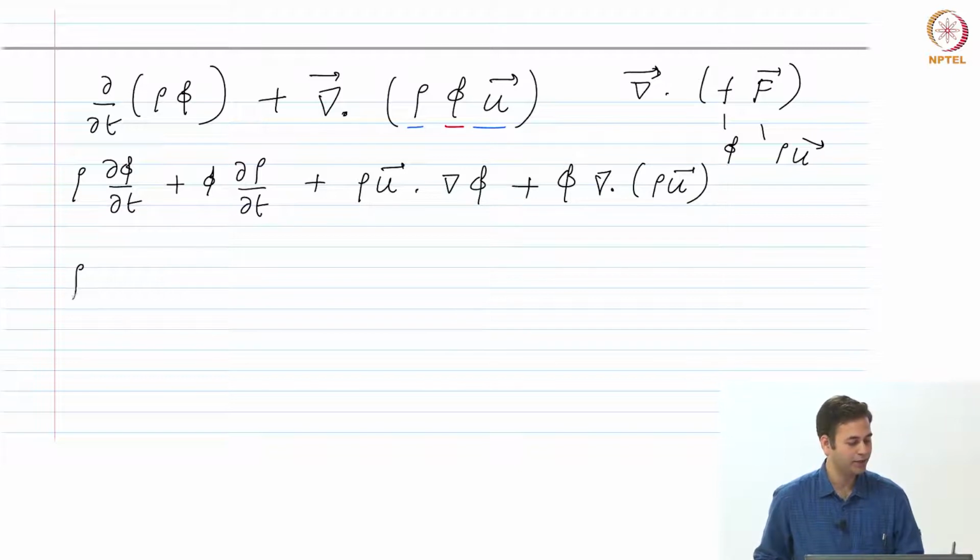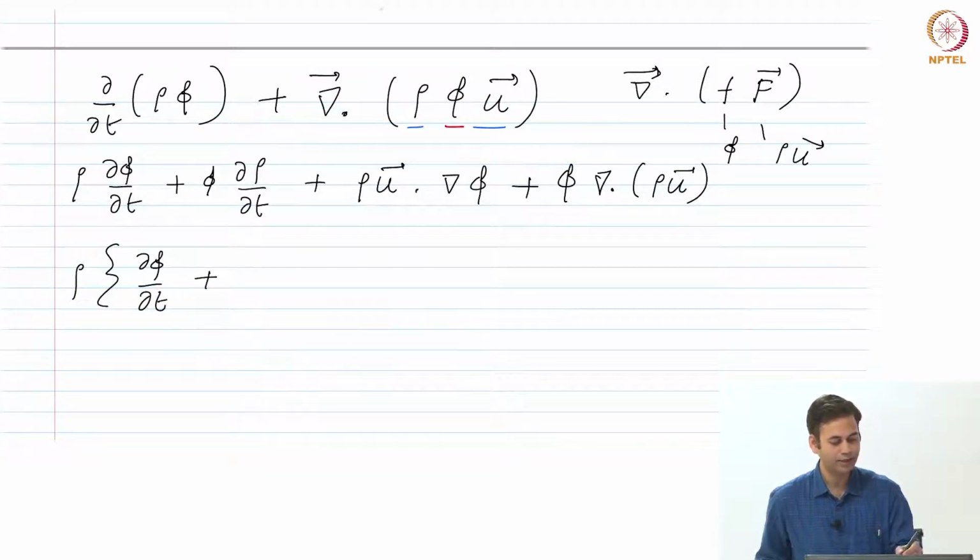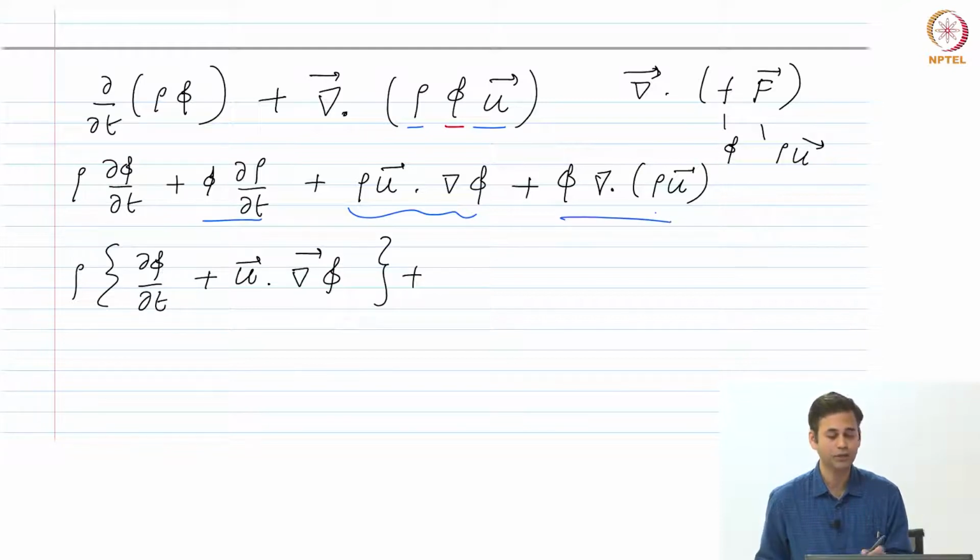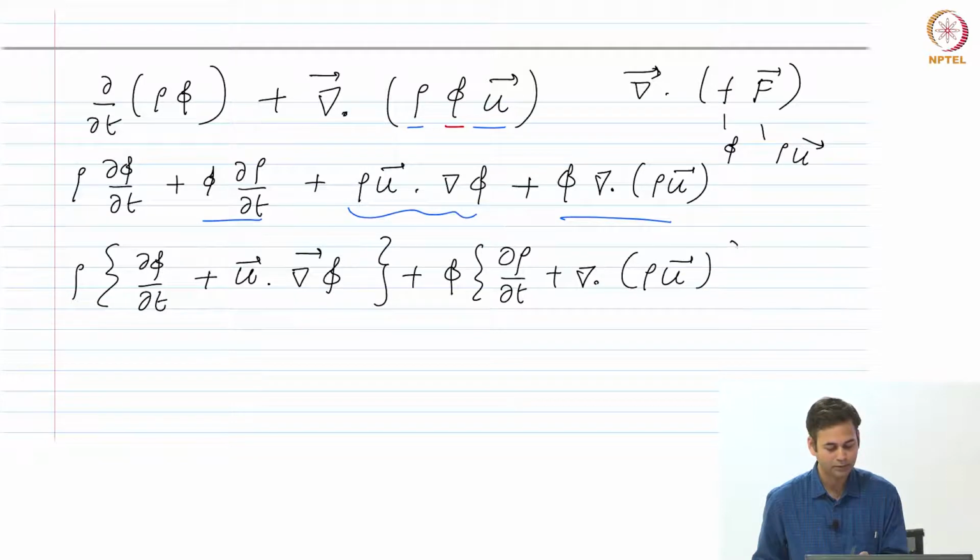Now, if I collect the terms that are multiplied with the density and with phi, I have rho times partial phi partial t, plus I have this term here which is u bar dot grad phi, right, plus the remaining two terms are this guy and the last one here, okay. So, these are nothing but phi times partial rho partial t plus del dot rho u bar, okay.